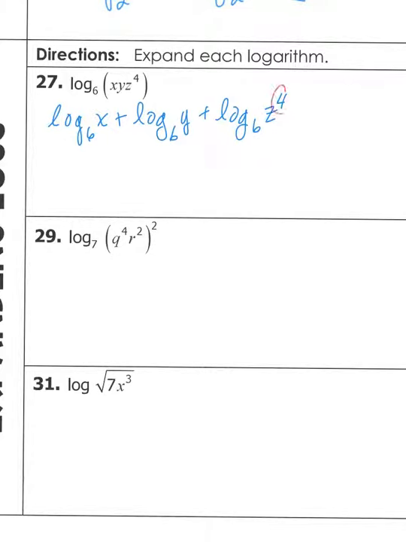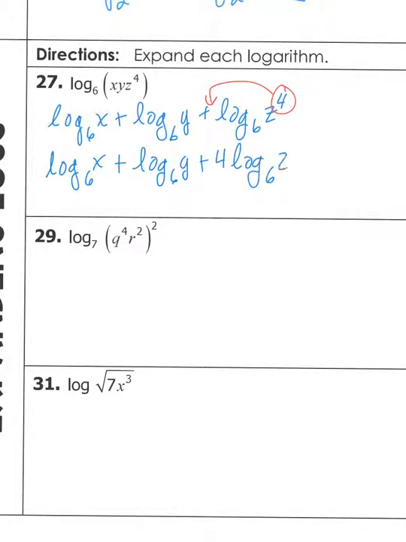Now the last part of expanding is to take any exponent and loop it in front. So we finally get log base 6 of x plus log base 6 of y plus 4 log base 6 of z.